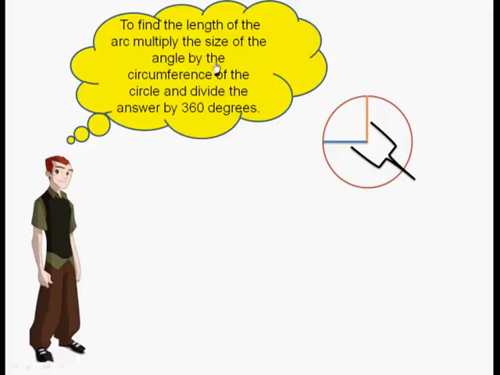To find the length of the arc, multiply the size of the angle by the circumference of the circle and divide the answer by 360 degrees.